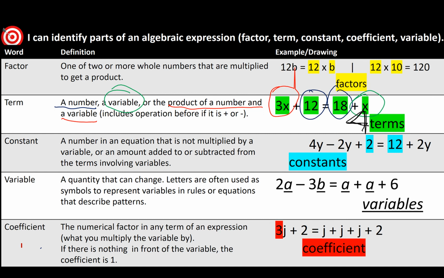So J times 1 is J. So there is actually a 1 here because it's saying there's 1J. There's also a 1 here, there's 1J. There's 1 here, that's 1J. But why would I add more when j equals 1 times j? So it just adds too much. So there is an invisible coefficient in front of those, but just remember that it's always 1 if you can't see it.